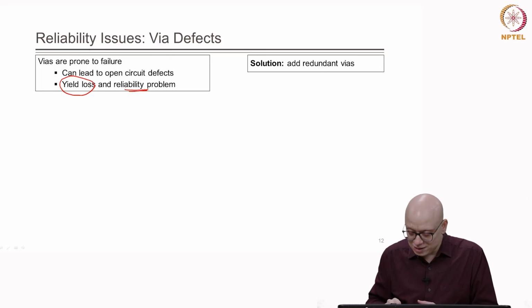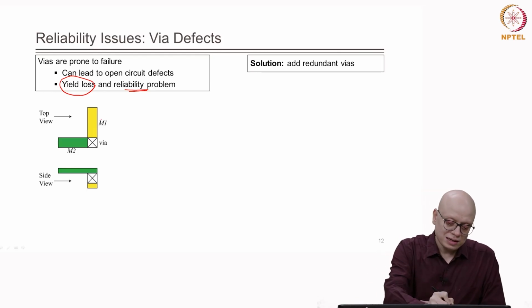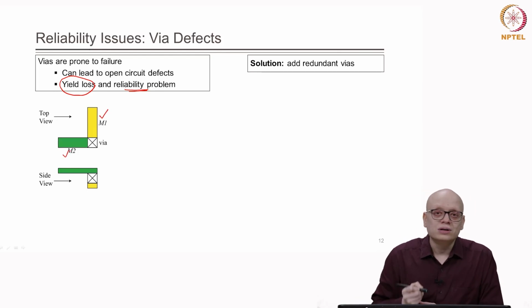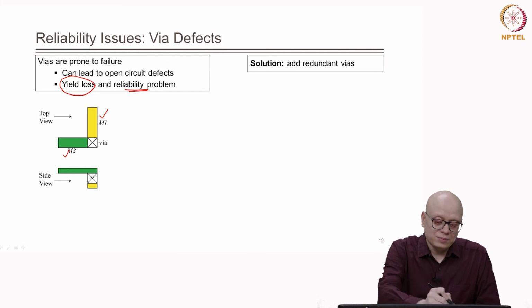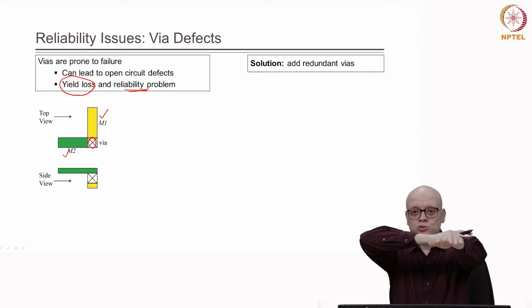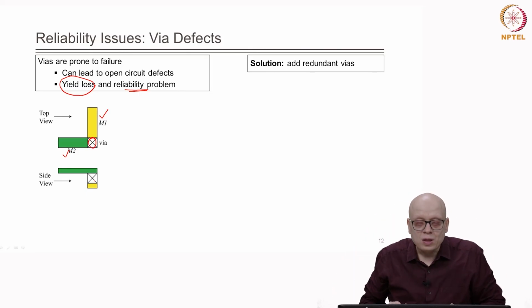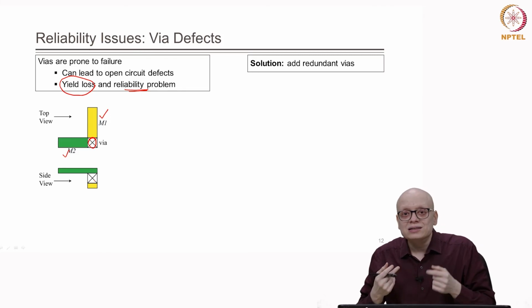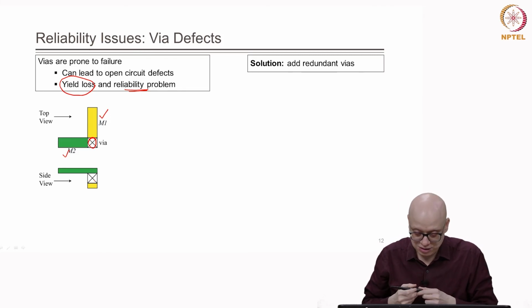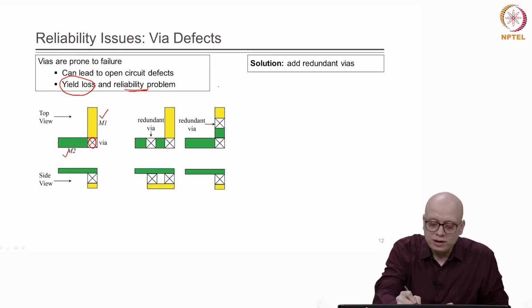Now, how can we insert redundant vias? Let us take an example. Suppose there are metal layers M1 and M2, and these are connected by a via. There is one layer M1 going like this, M2 in the orthogonal direction, and the via in between them. Now, if we want to insert another via, where can we insert it? There are 2 ways to do that. One is what is known as an on track via.